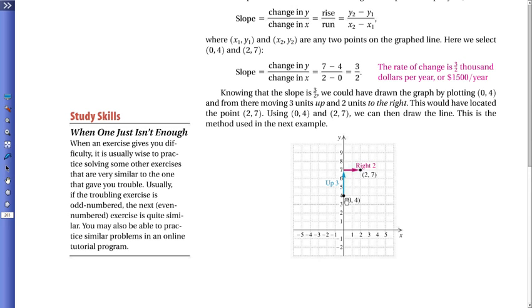If I have this point 0, 4, which is one of the points, if I went up 3, that positive 3 in the rise portion, or the numerator of my fraction, and to the right 2, I end up at my next point, which is 2, 7. Now it's very possible, if this would have simplified the fraction, we wouldn't necessarily go to the exact points that we got the slope from, but I would go to another point on that infinity of points that make up the solution, that linear solution, or that line.